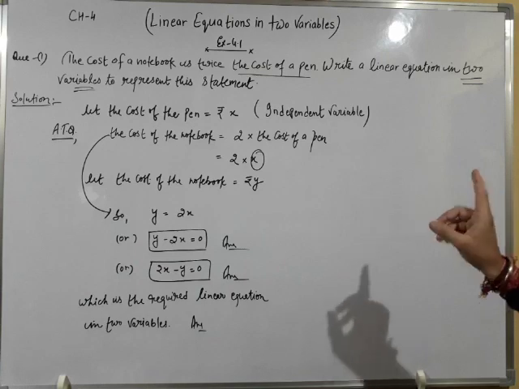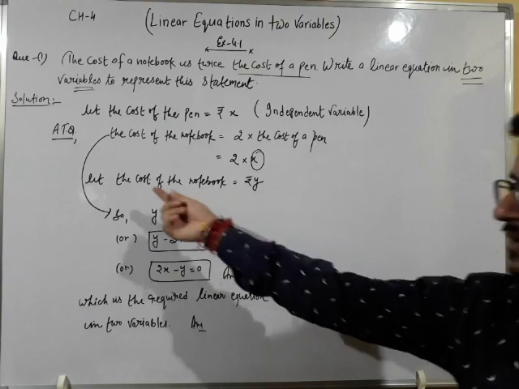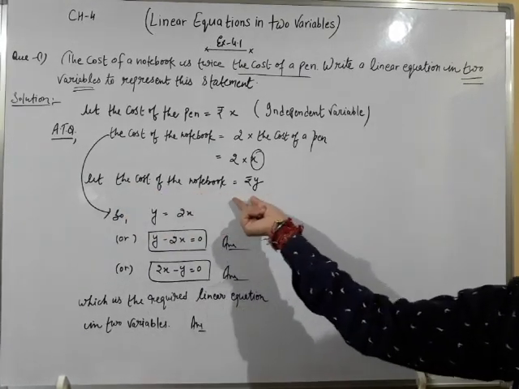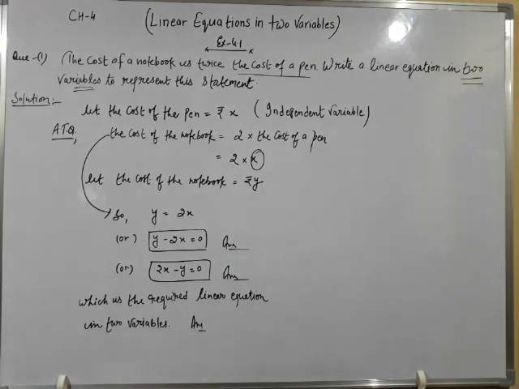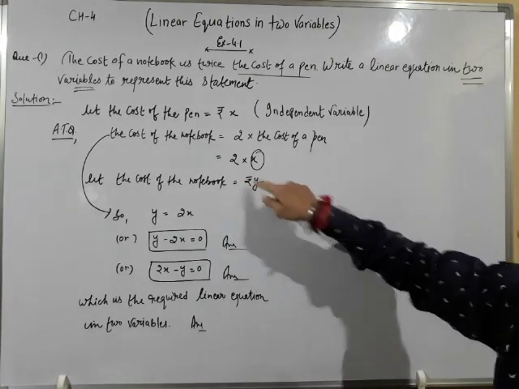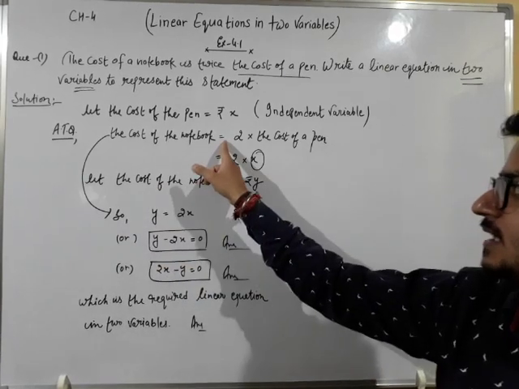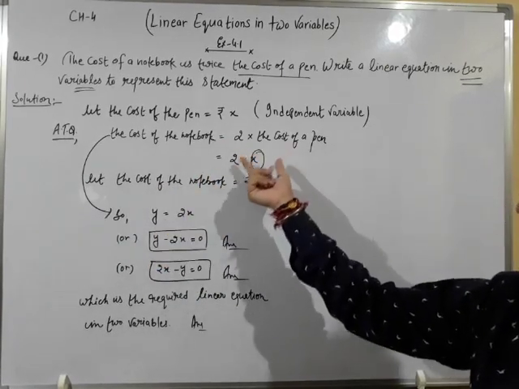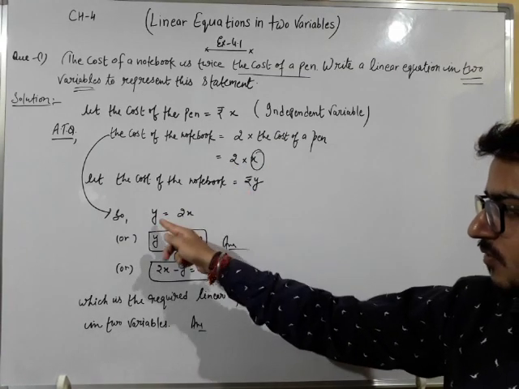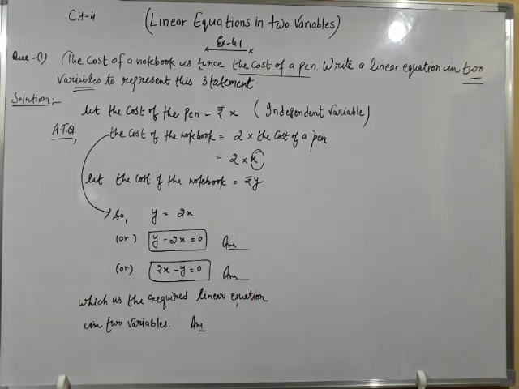We need one more variable here, and we have introduced variable y, because we have assumed that the cost of the notebook is rupees y. So put the value of the notebook, y, here. It will be y equals 2 multiplied by x. So y equals 2x is the required relation between x and y.